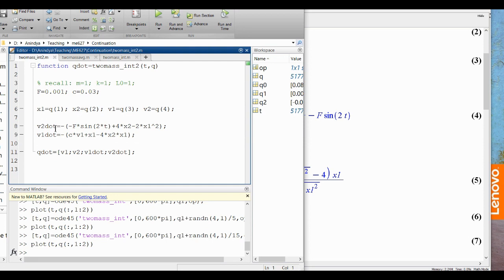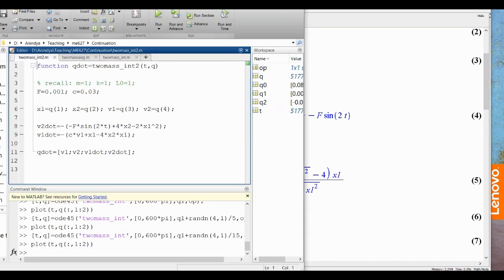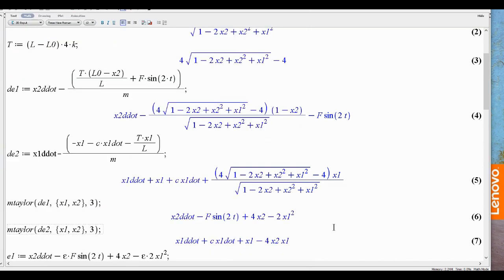So you see these are the same equations. There is that minus 2x1 squared for x2 double dot, and minus 4x2x1 for x1 double dot.